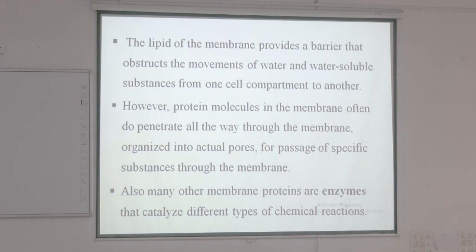In physiology, when the faculty discuss the transport mechanism of the cells, we already discussed that; it is something important. Also, other membrane proteins are enzymes that catalyze different types of chemical reactions.